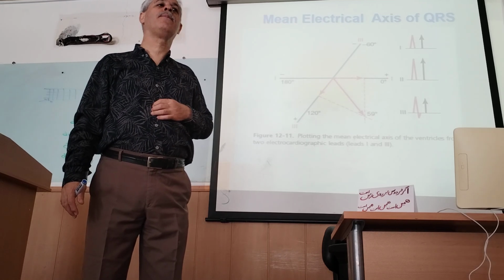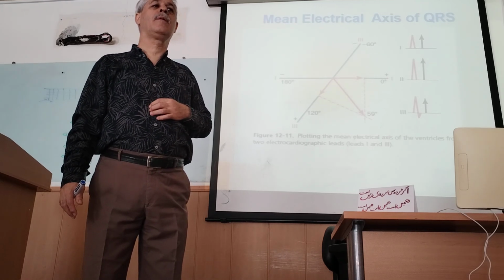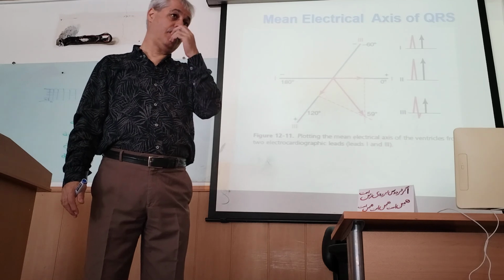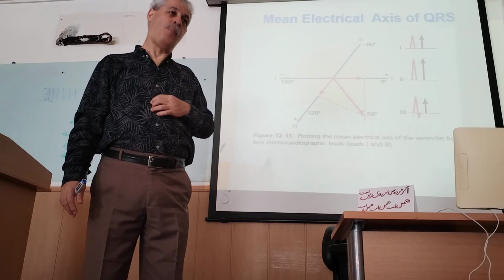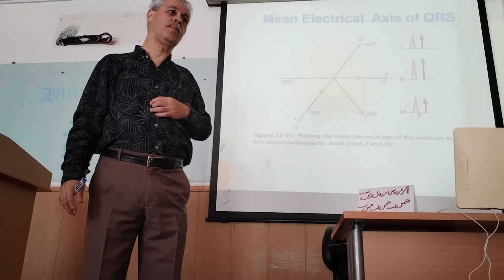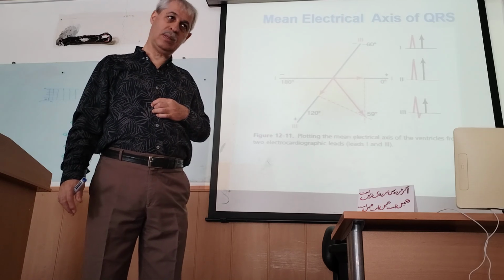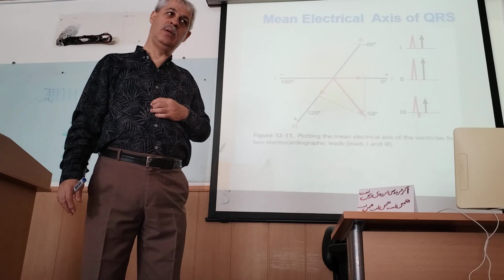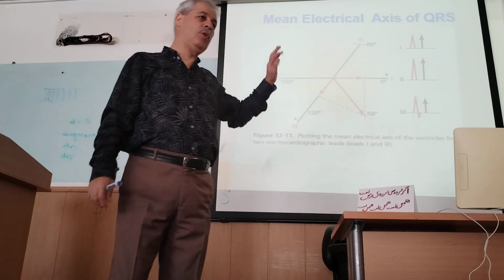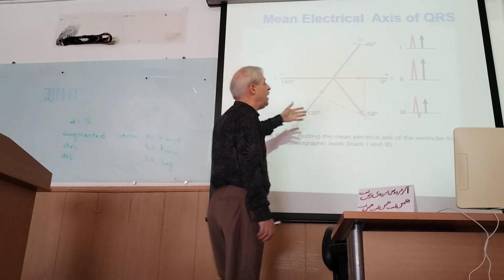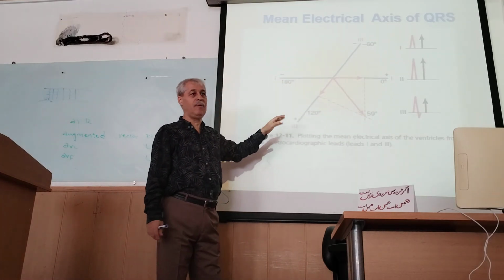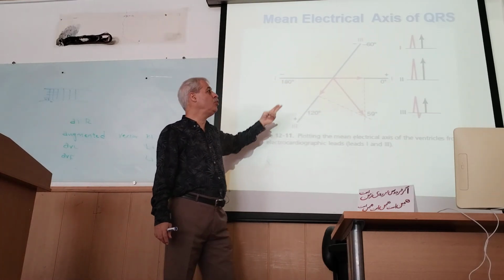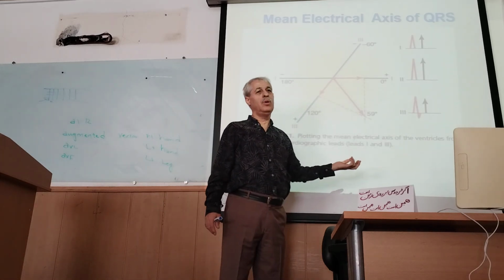Okay, how do we know that, you see in the example they said this is the QRS for limb lead 1 and this is for limb lead 2. So how did we know that? Is that by measuring the QRS for each limb lead differently? Exactly, yes. You can calculate or draw the mean electrical axis in this example using limb lead 1 and 2.